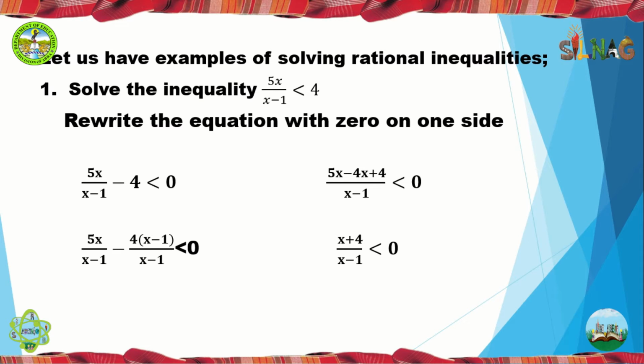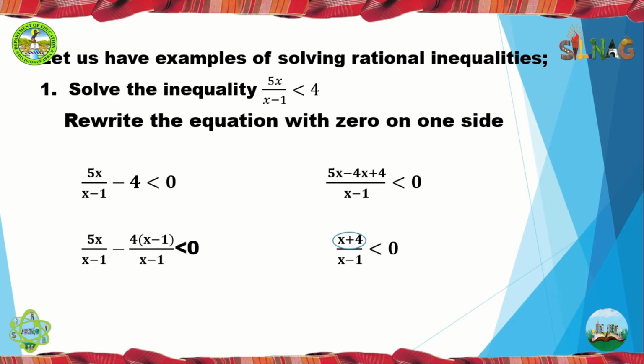Then we have to find the values of x that will make the rational expression 0 and undefined. To get the value of x that will make the rational expression 0, we have to use the numerator. So we equate the numerator to 0.